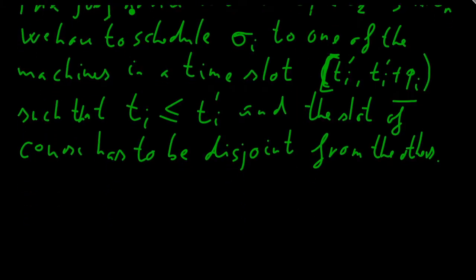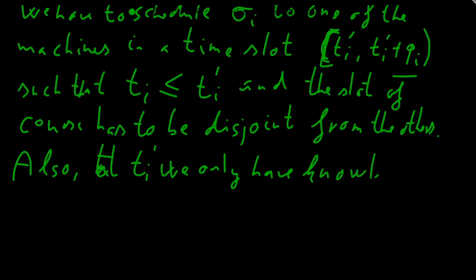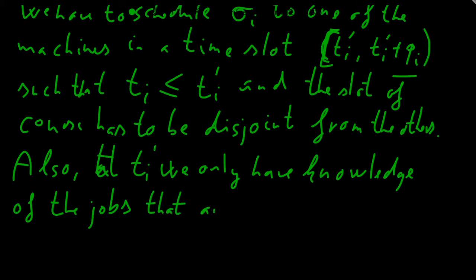And also, this is an online problem, so to determine ti prime, we only have knowledge of those jobs which arrived before ti prime or at ti prime, so of the jobs that arrive no later than ti prime.